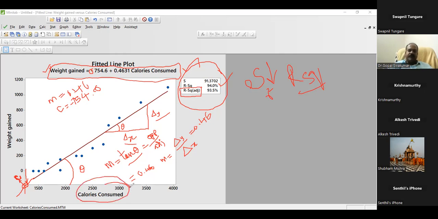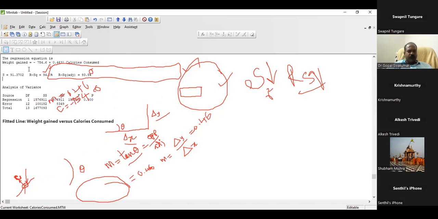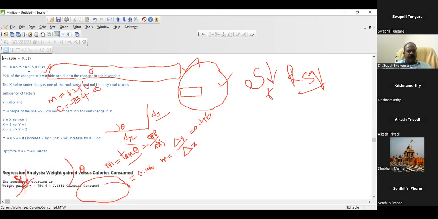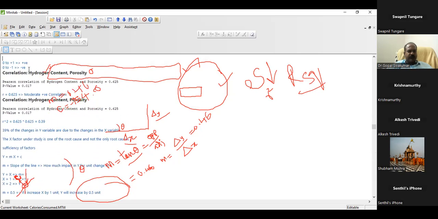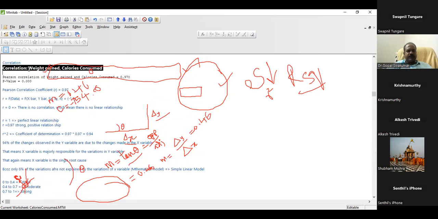What is your understanding here? Is calories consumed a significant factor? For that purpose, we go to the session window. In the correlation analysis, for weight gain and calories consumed, how much is the p-value? 0.000, close to zero.